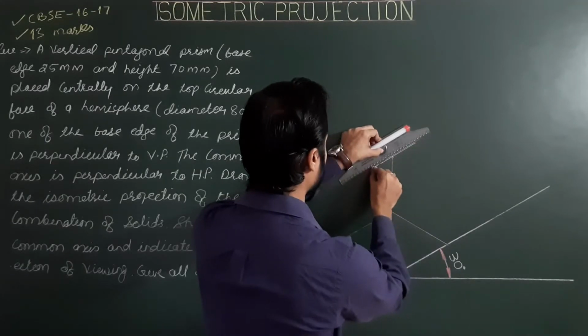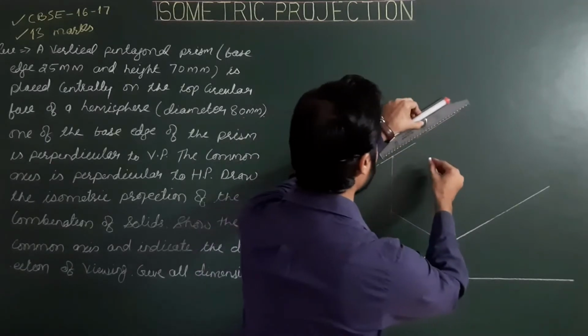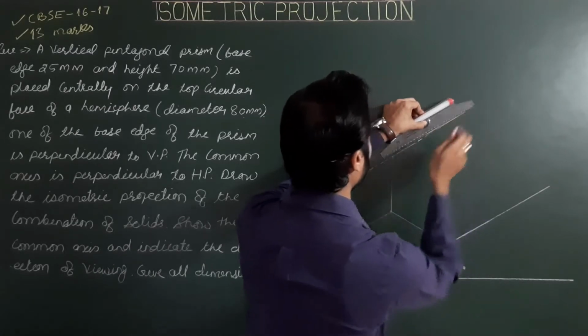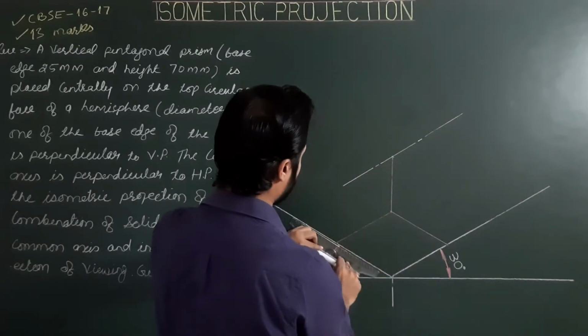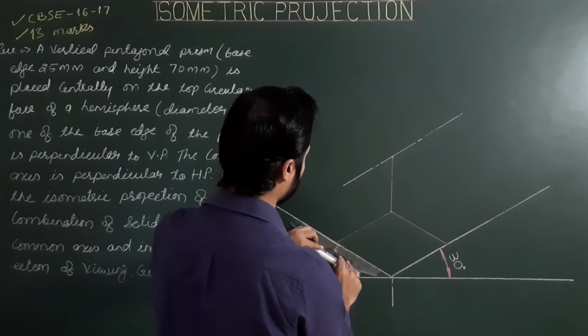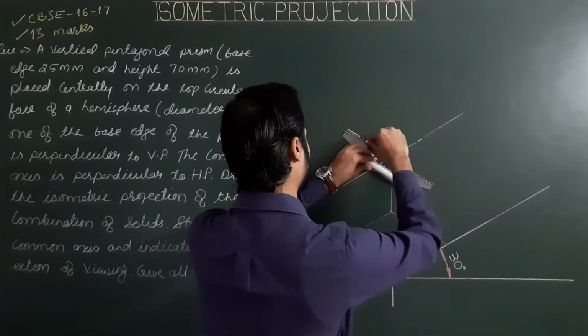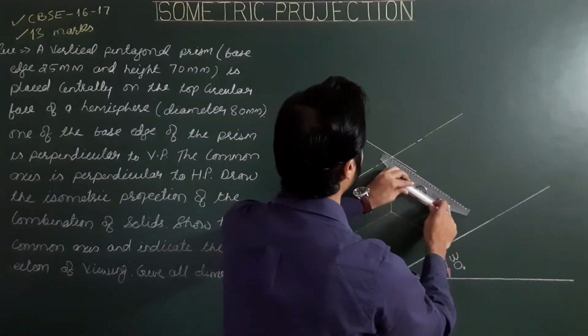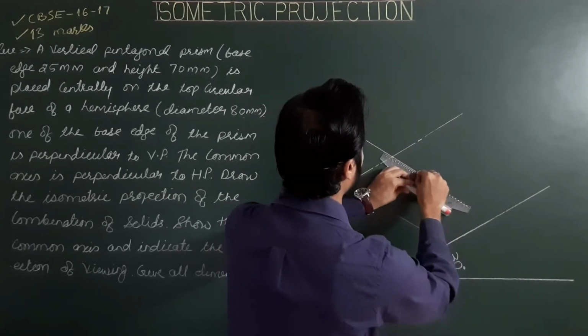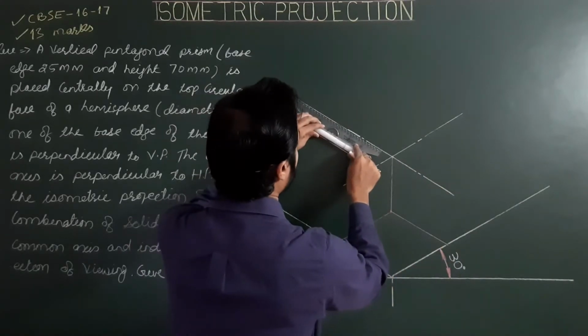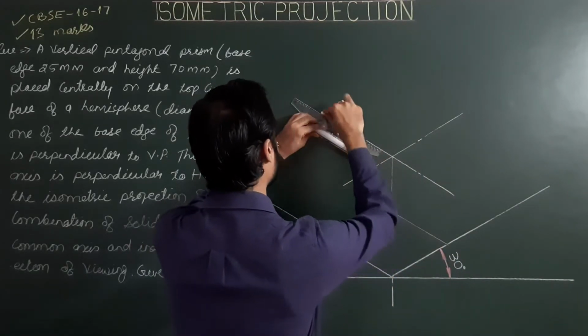These are the center lines for the upper circular plane, parallel to the first and parallel to the second iso-axis. Now we have center lines.